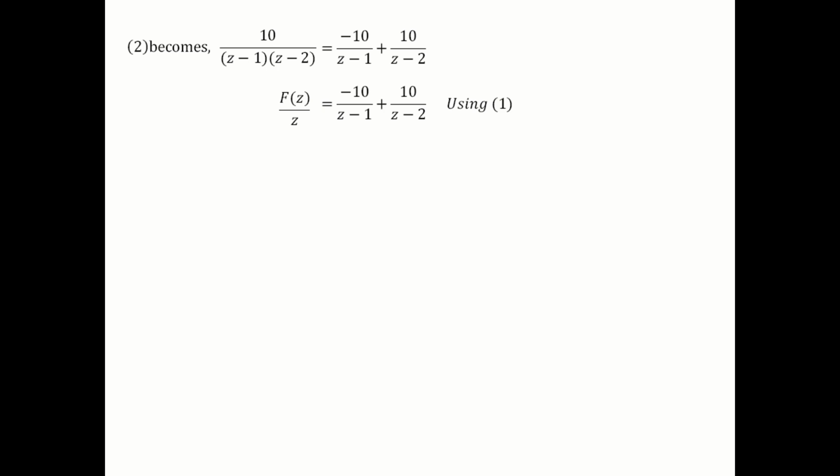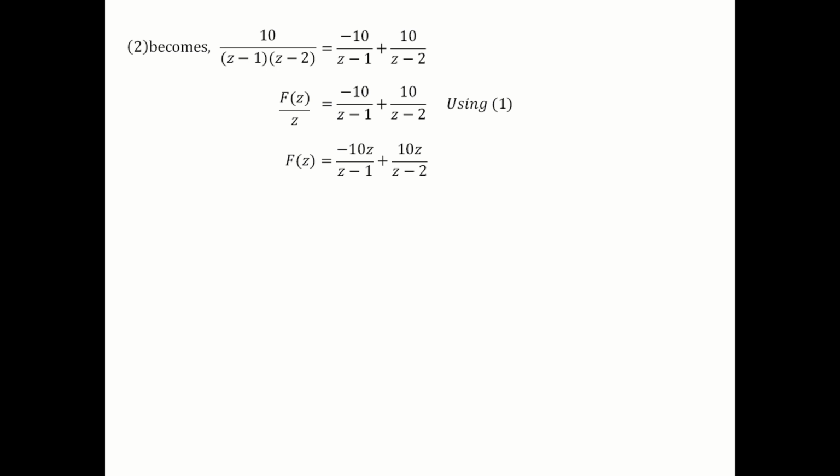Right? Now equation 2 becomes 10 by z minus 1 into z minus 2 is equal to minus 10 by z minus 1 plus 10 by z minus 2. Therefore f of z by z is equal to minus 10 by z minus 1 plus 10 by z minus 2. Now multiply by z on both sides, right?